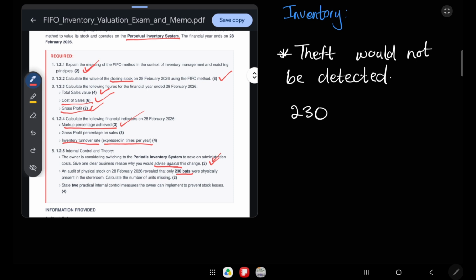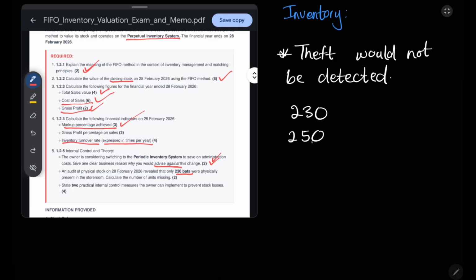When you did the calculations, you had 250 units times a certain amount, and it gave you 480,000 rand. This is the value of your closing stock. So you have to look at your closing stock units and subtract from that the units that were physically counted. For theft, this is kind of a formula.